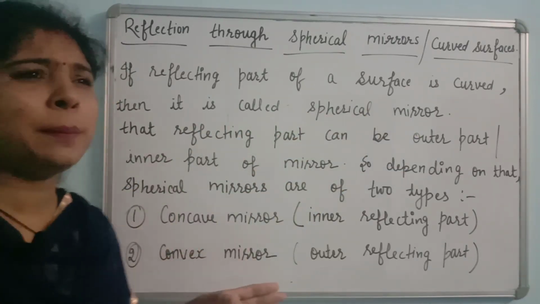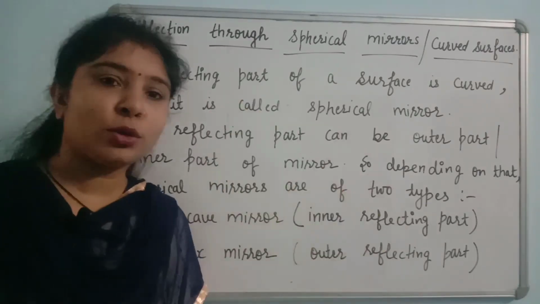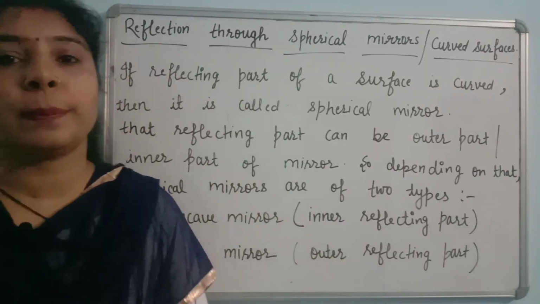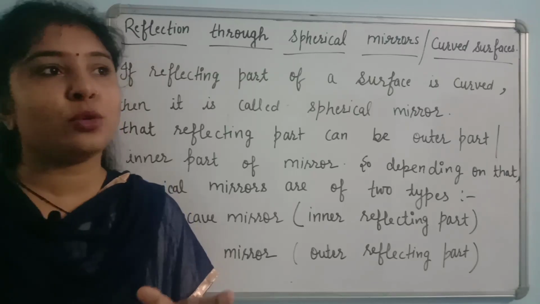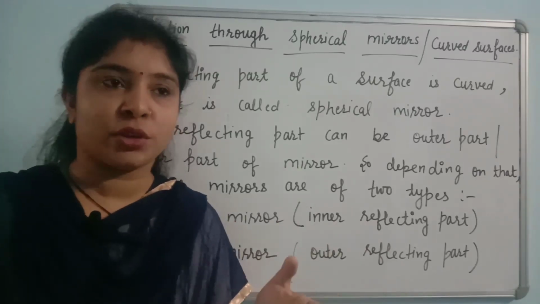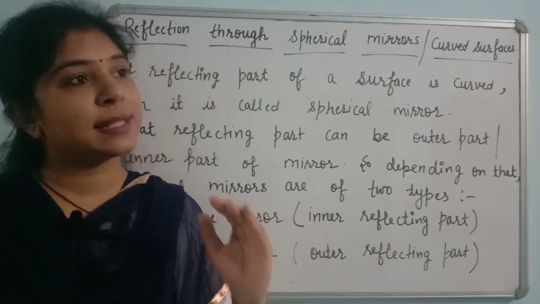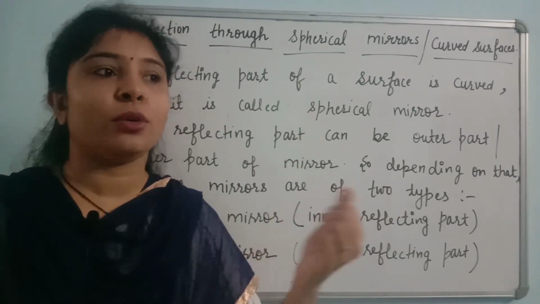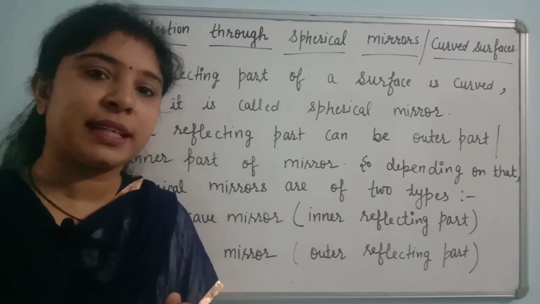And that reflecting part can be the outer part of the surface or the inner part of the surface. Just like you can take the example of a spoon at your home: its inner part can be reflecting or its outer part can be reflecting.